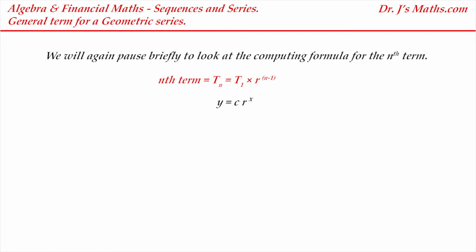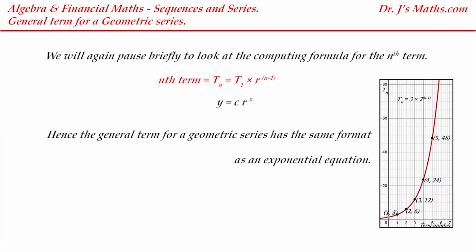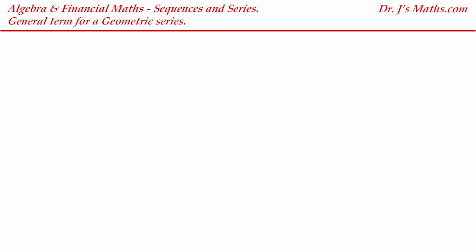So we can see that the two equations have exactly the same format. That is, the nth term of the geometric series has the same format as the basic format for the exponential equation. When we look at that similarity, we can see that the common ratio of the geometric sequence is just the base of the exponential equation.